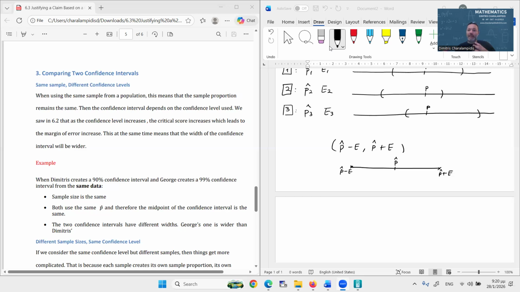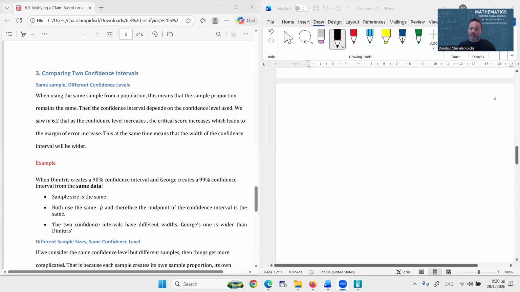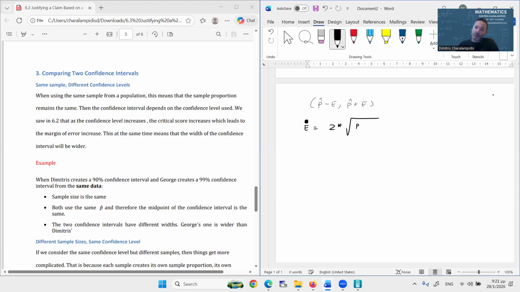Remember that the creation of a confidence interval needs three things. First of all, remember that the confidence interval, like we keep saying, is p minus E and p plus E. The E is the margin of error, which is the Z critical value times the square root of the sample proportion times 1 minus that sample proportion over the sample size.